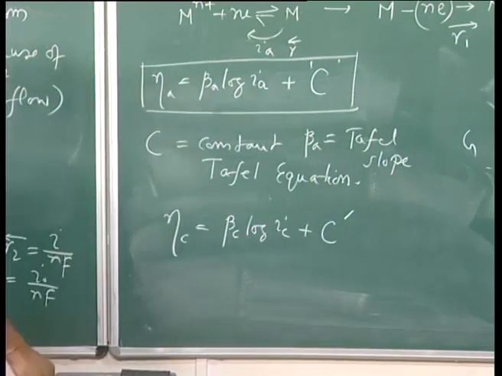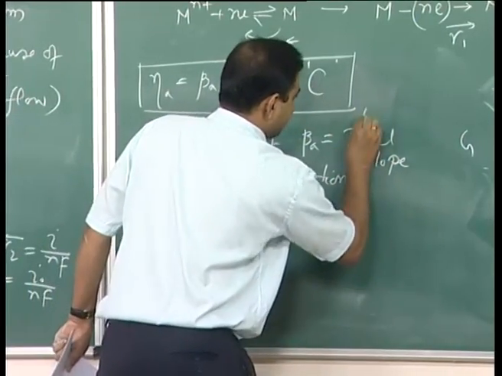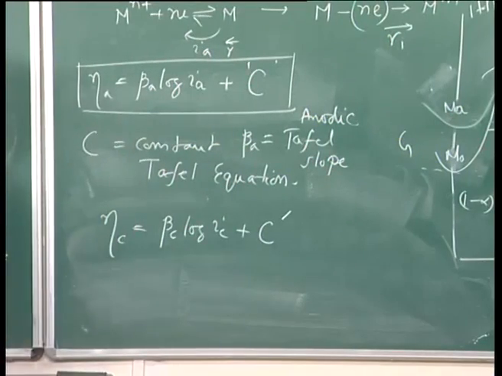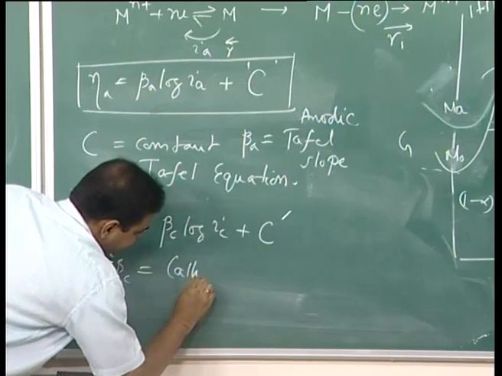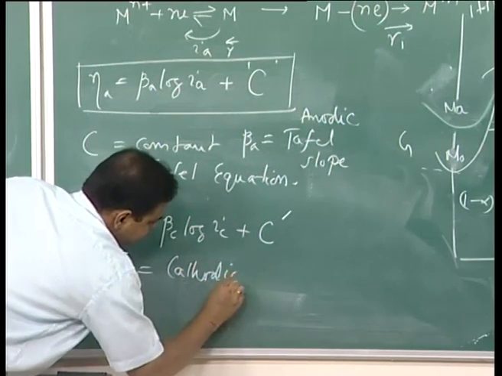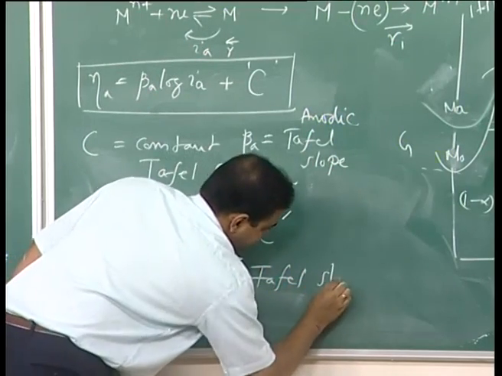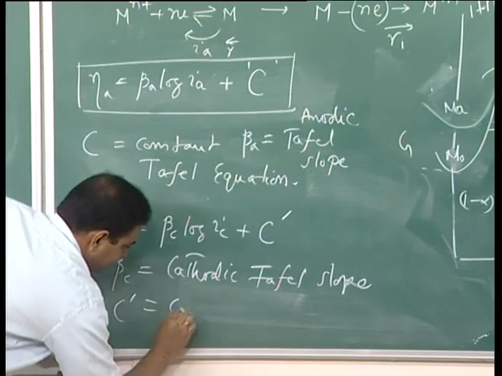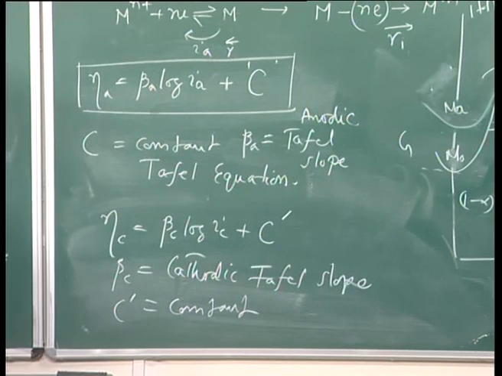Here the anodic Tafel slope, since I am putting A here, and this beta C is basically the cathodic Tafel slope, and C dash is a constant here.